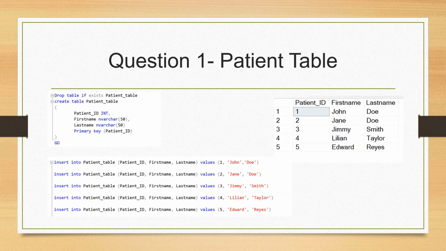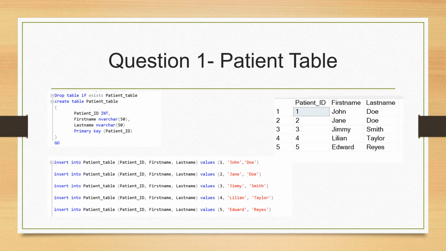To start question 1, we can start by creating a patient table and including the 3 attributes of patient ID, first name, and last name. We will indicate that patient ID is the primary key and include the type of attribute such as integer for patient ID and varchar for first name and last name.